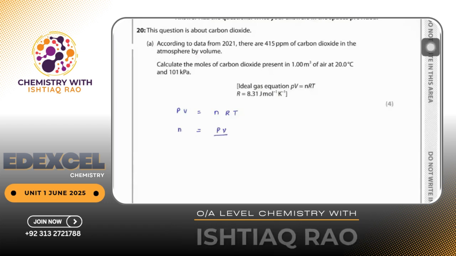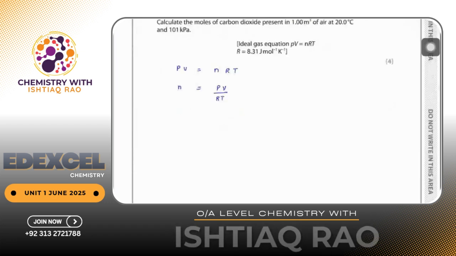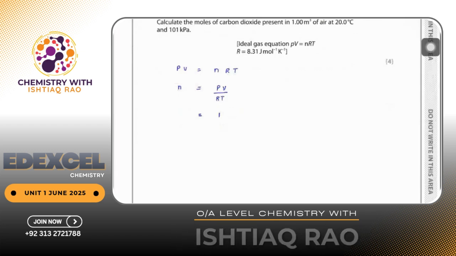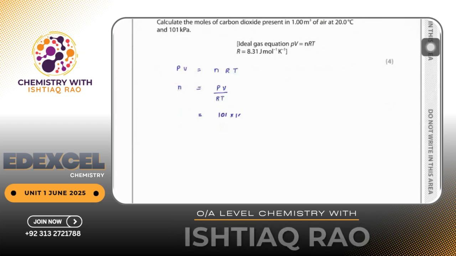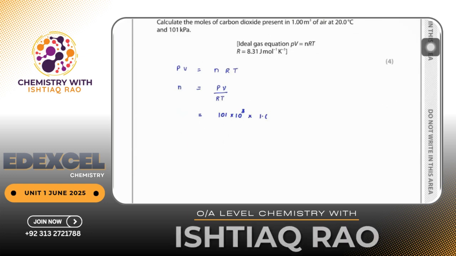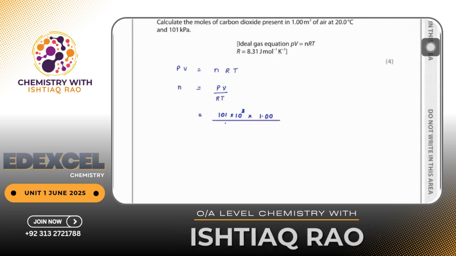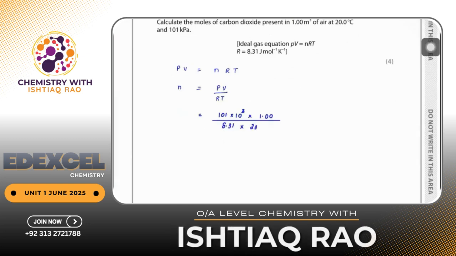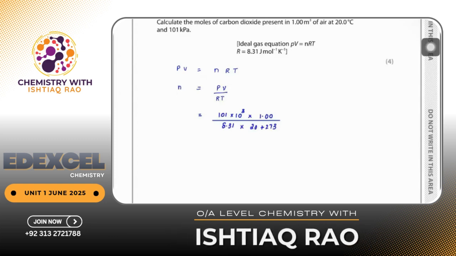So P is the pressure, which is 101 times 10 raised to the power 3. It should be in Pascal. Then we have the volume. It should be in meter cube. Then R is 8.31 multiplied by the temperature, that is 20 plus 273. It should be in Kelvin.